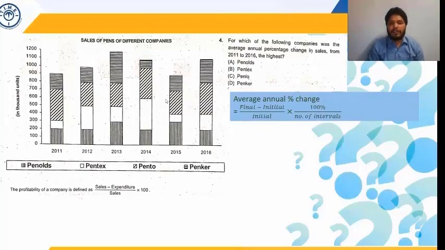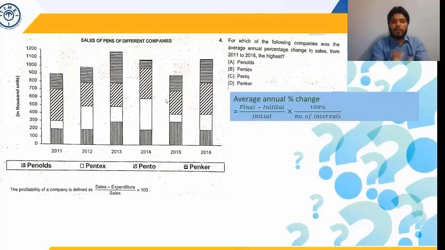Again, just revise it. For example, we want to calculate it for Penoids. What is average annual percentage change for Penoids? So initial value, or the value of sales, how much sale has been done for Penoids in 2011, it is 200,000 units, or you can say 200 units.